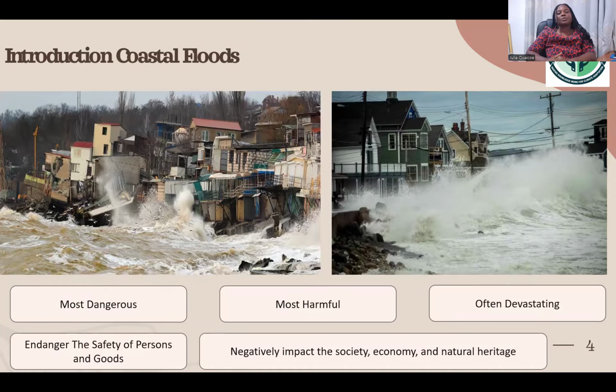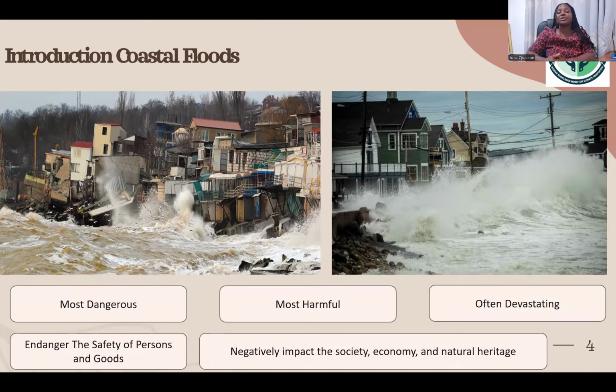Okay. So by way of introduction, when we talk about coastal floods, most of us are familiar with floods. Floods generally can be described as a condition where water overflows to certain areas which are normally not flooded.